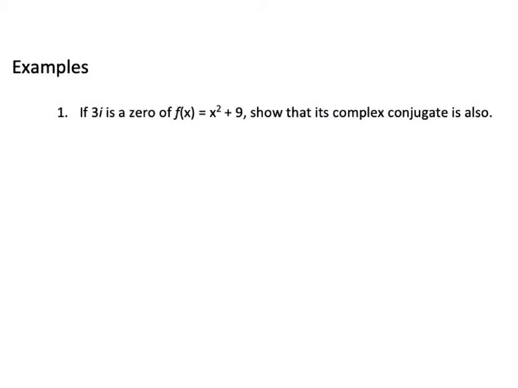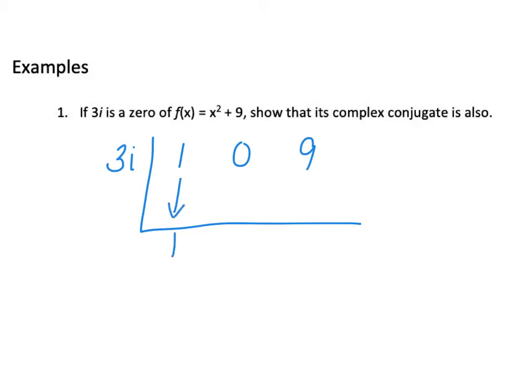So let's illustrate how we can use this. If 3i is a 0 of this given quadratic, show that its complex conjugate is also. Well, if it's a 0, that means that when I do synthetic division, I will get a remainder of 0. So I'm going to set up my synthetic. Notice that I need 0 as a placeholder. I begin by bringing down 1.